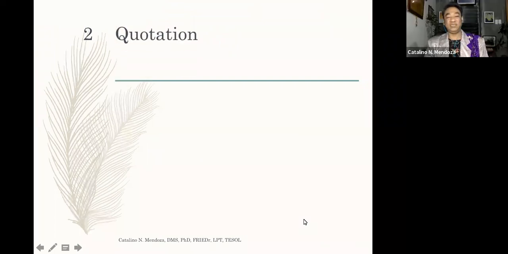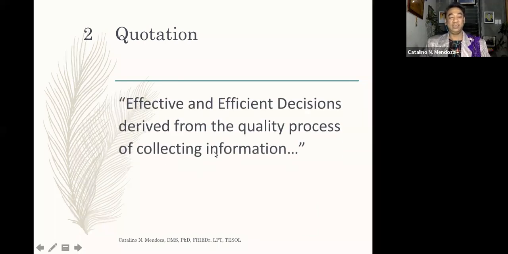So I always start my presentation again with my own quotation, and it goes something like this. Effective and efficient decisions derived from the quality process of collecting information.